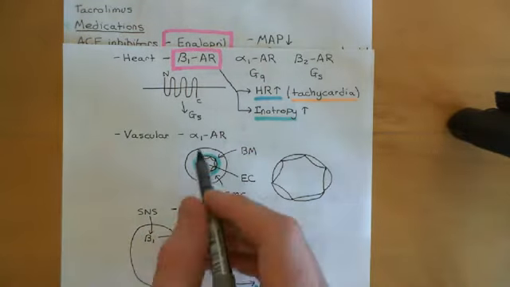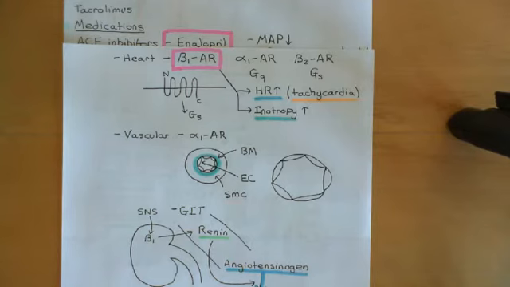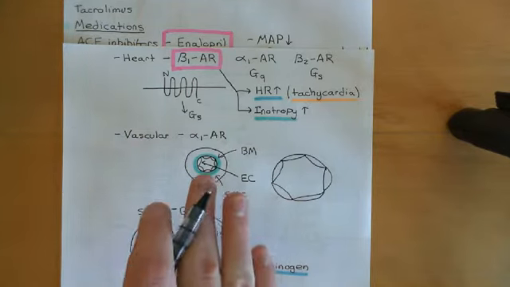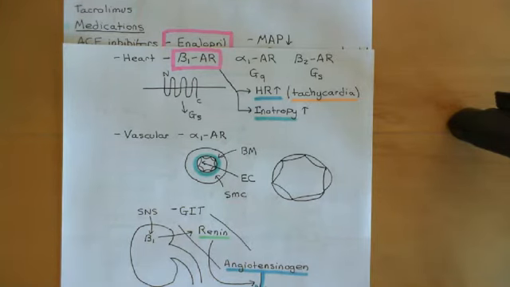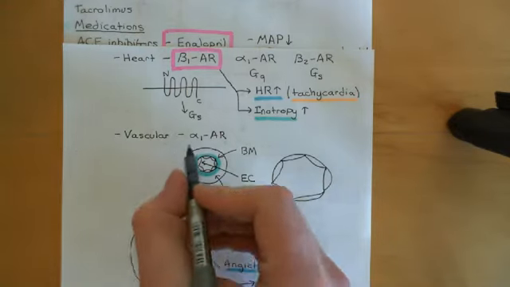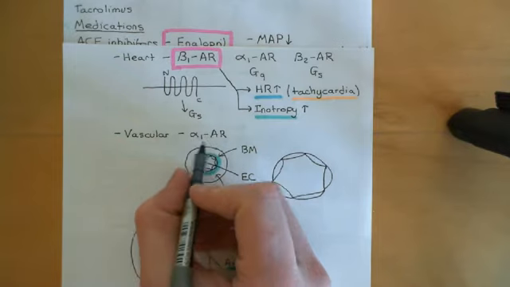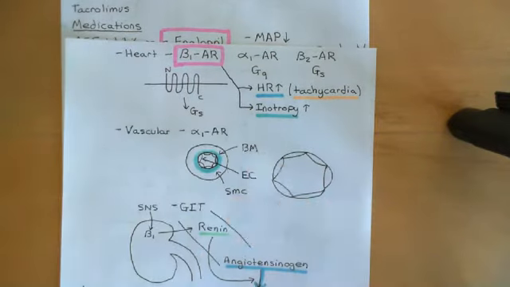It also acted on alpha 1 adrenoreceptors on smooth muscle cells of arterioles going to places like the gastrointestinal tract and caused them to contract. That increased total peripheral resistance and therefore increased mean arterial pressure. So, if we're giving a drug that blocks alpha 1 adrenoreceptors, which carvedilol does, then we'll block that. Okay, so we will help to reduce mean arterial pressure again.